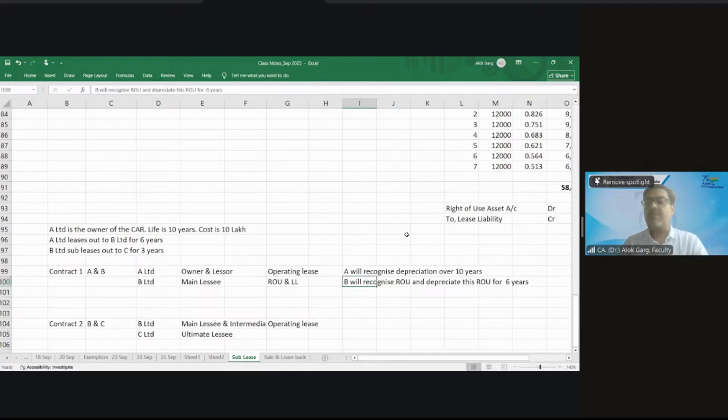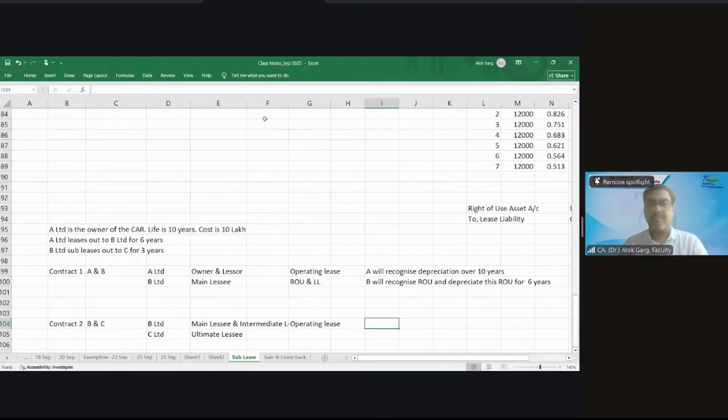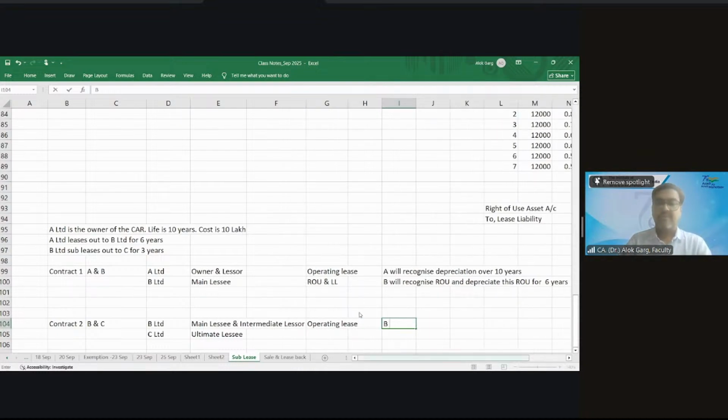So B will recognize ROU and continue to depreciate this ROU, and B will recognize rental income. So B will charge depreciation on ROU for 6 years and recognize rental income.